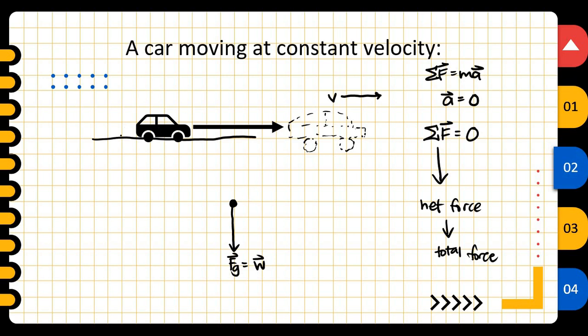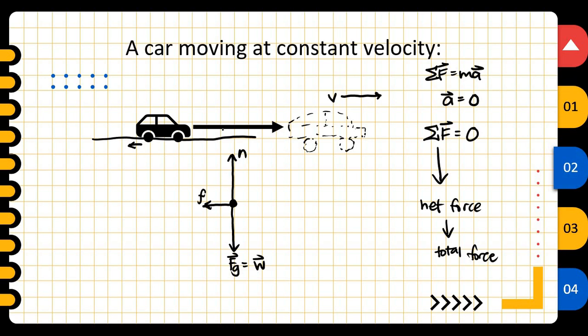Now, since the car is located on the surface of the road, the road is exerting an equal force upward to support the weight of the car, and that's what we now call the normal force. Alright, since the car's wheels are interacting with the surface of the road, this interaction produces what we now call the friction force. And the friction force is opposing the motion of the car and is directed towards the opposite direction. So this will be the direction of the friction force.